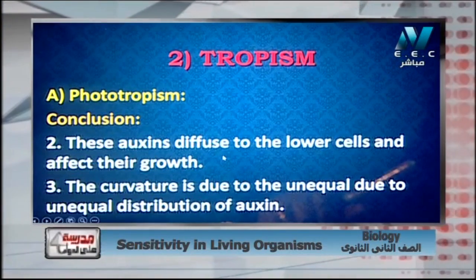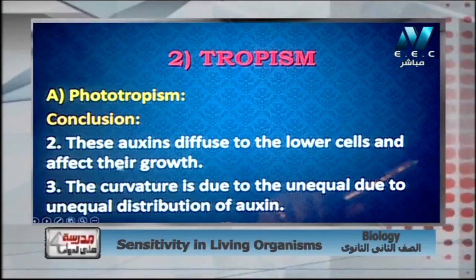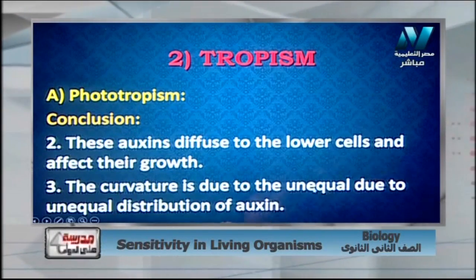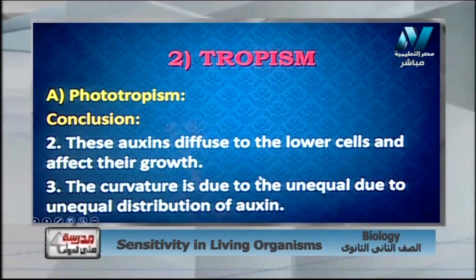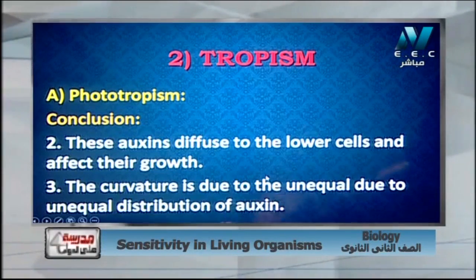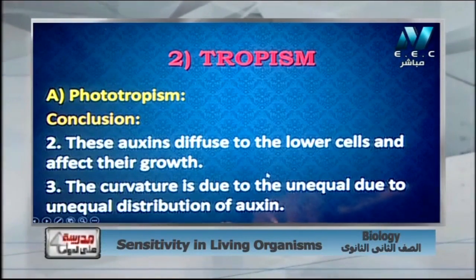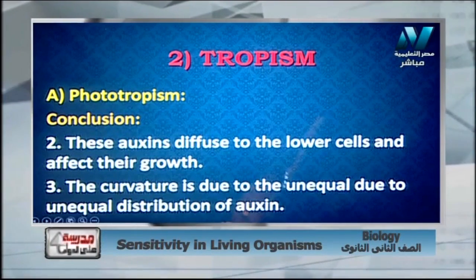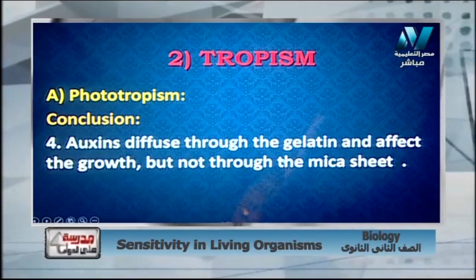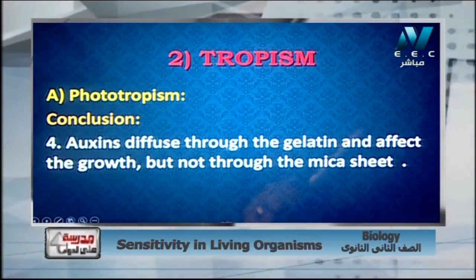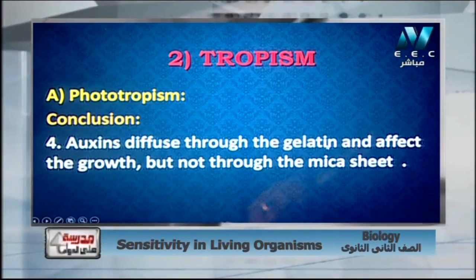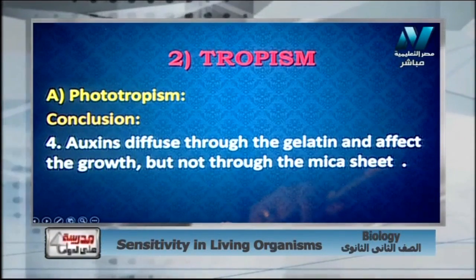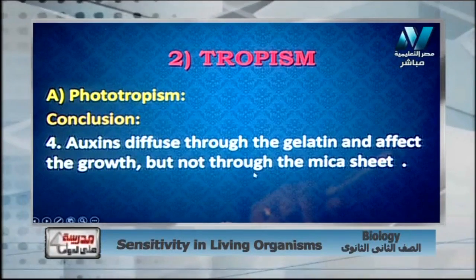These auxins diffuse to the lower cells and affect their growth. The curvature is due to unequal distribution of auxins, as I explained to you. The side away from light contains high concentration, and the side facing light contains low concentration of the auxins. Auxins diffuse through the gelatin substance and affect the growth of the coleoptile, but not through the mica sheet, because it is a metal sheet.